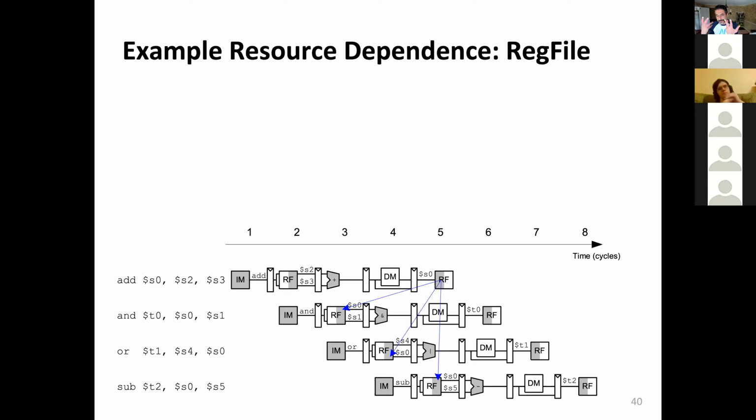If we add combinational logic, and by combinational logic I mean any gate that, for example, determines the equality of two values, two entities, right?